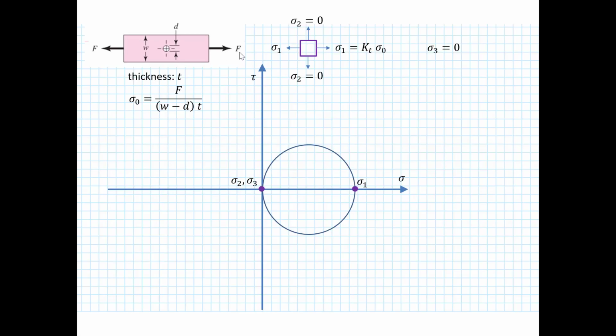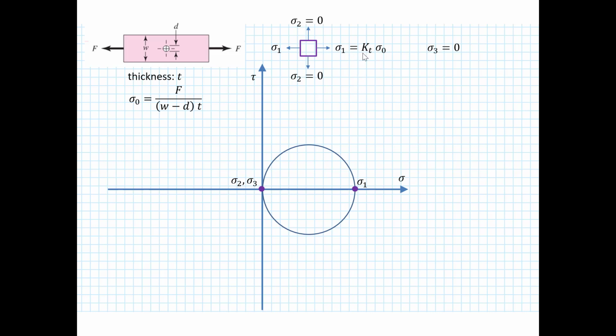The normal force F creates a uniform nominal stress sigma naught that acts over the minimal throat area, which is the width minus the diameter times the thickness of the plate. So that's the nominal stress, and then as we discussed, that's amplified near the hole by the stress raiser KT.